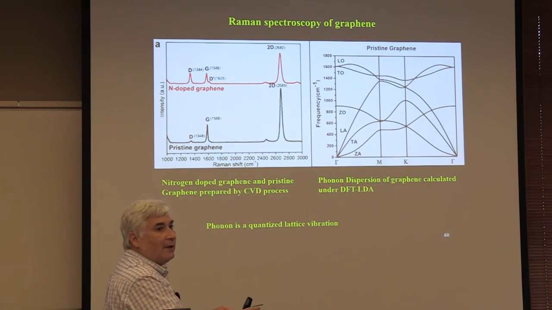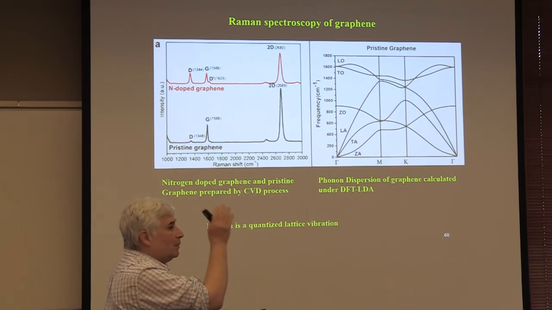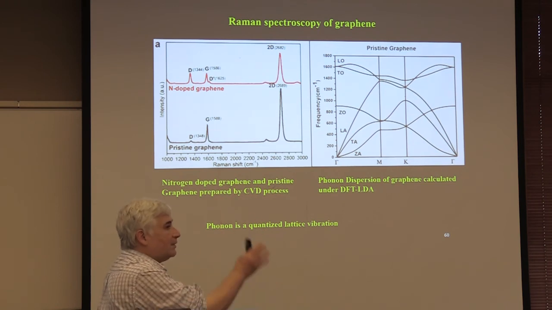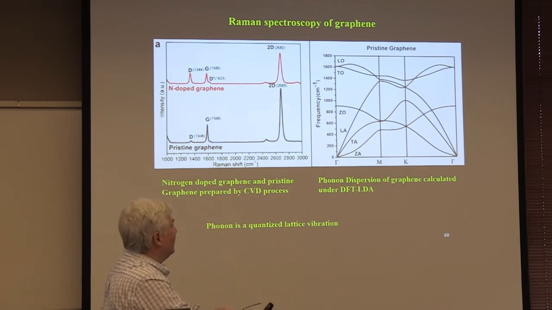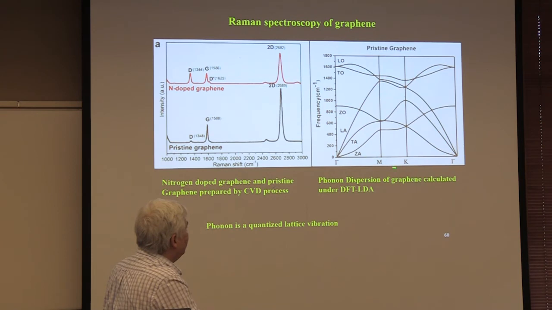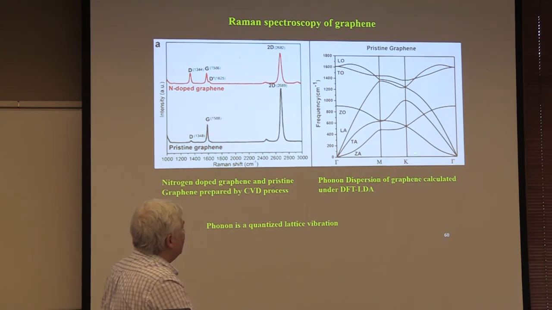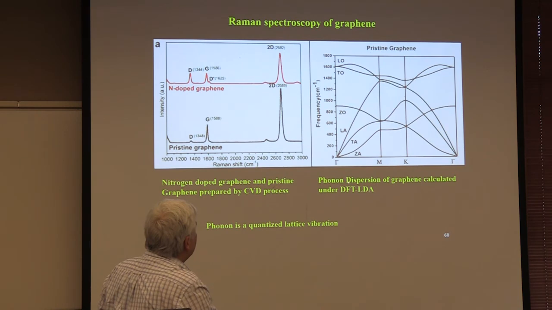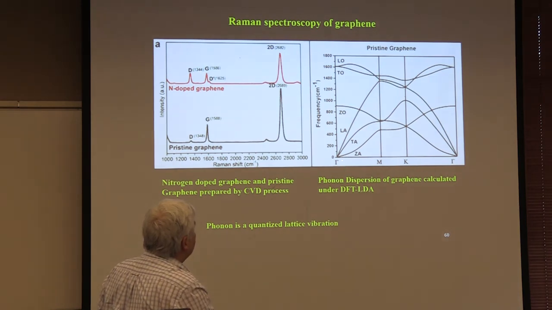Photons do not have a linear momentum. So what happens at your excitation, you will not have a value in momentum because photons do not have momentum. So you just focus on the point which is gamma.